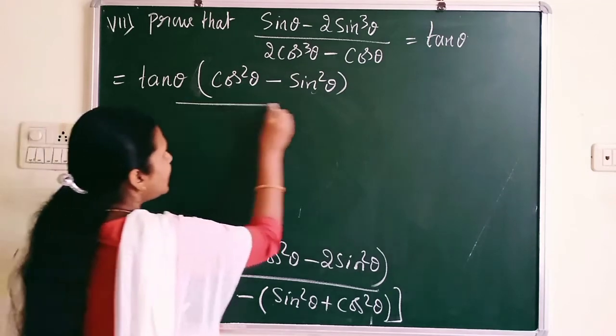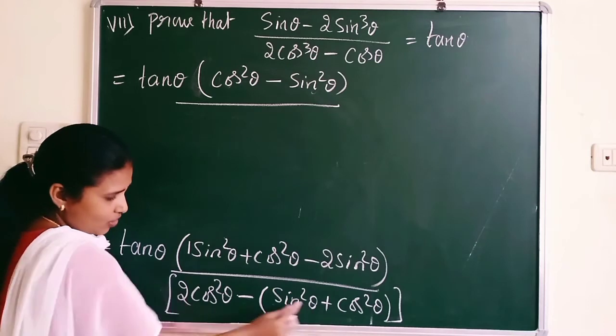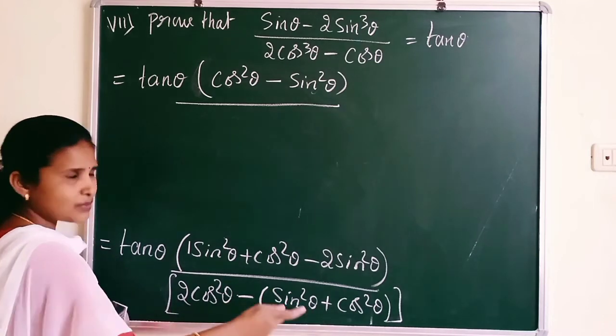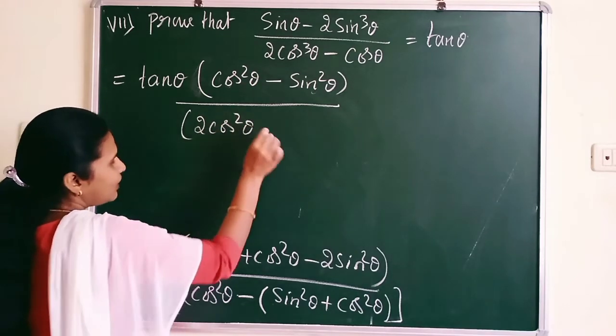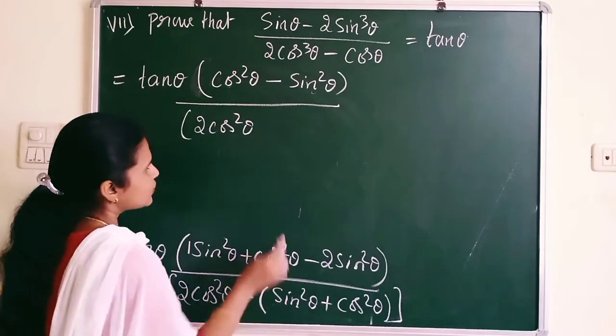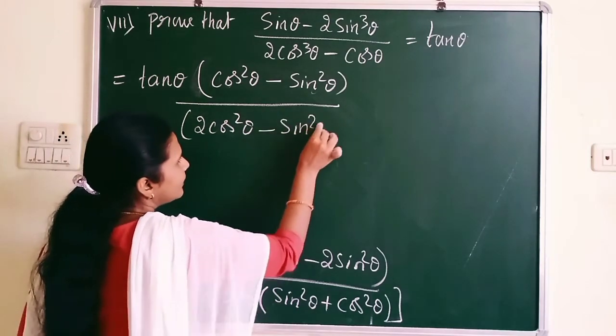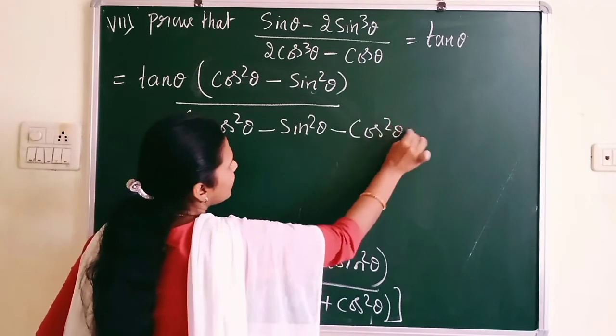Now in the denominator you simplify in the same way. In the denominator you have a binomial with a minus sign. First let us remove this bracket. Write 2 cos square theta, minus sine square, and minus into plus minus cos square theta.